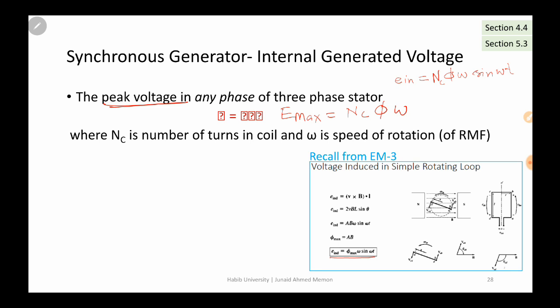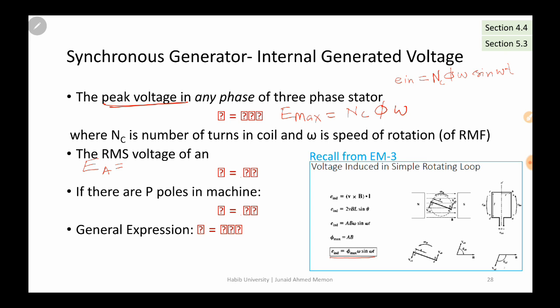That is usually represented by EA, and that is written as EA equal to NC phi omega divided by under root 2. We know the relationship that Vrms is equal to V peak divided by under root 2. So we just divided by under root 2.